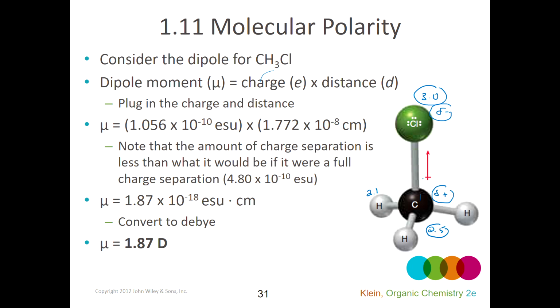That factor isn't a major factor, but it is significant, so you should at least be aware that distance is a factor here. So to calculate the dipole, or how polar this structure is, we have to multiply the quantity of charges involved by the distance between them. The greater the distance, or the greater the quantity of charge, the larger the dipole.